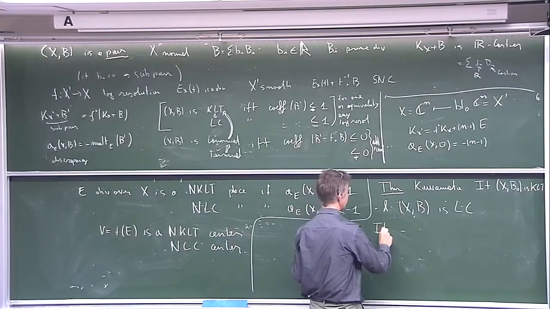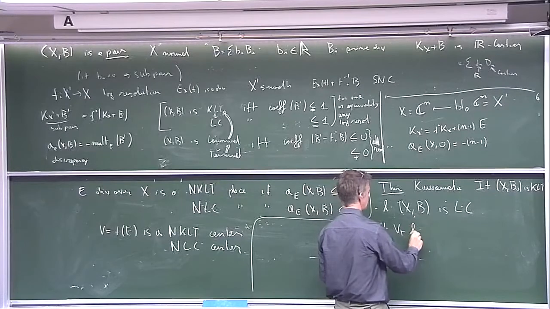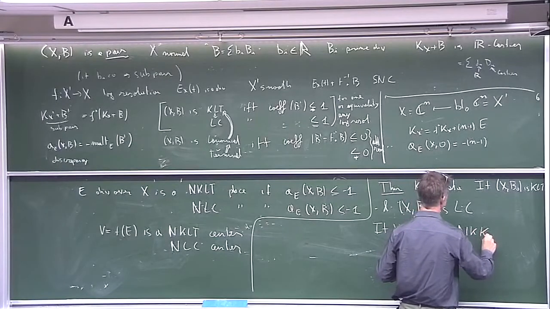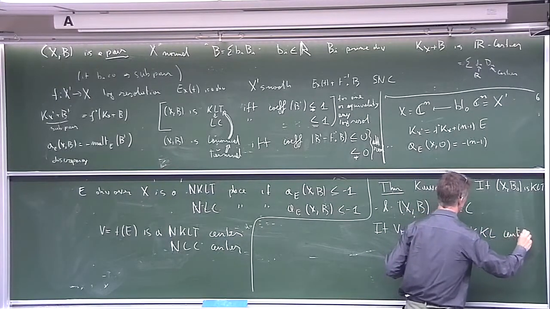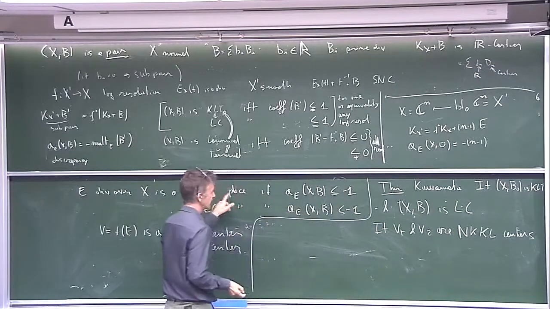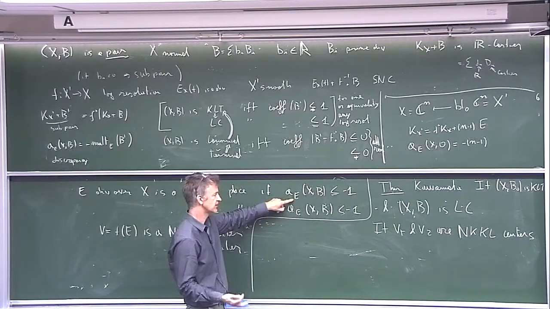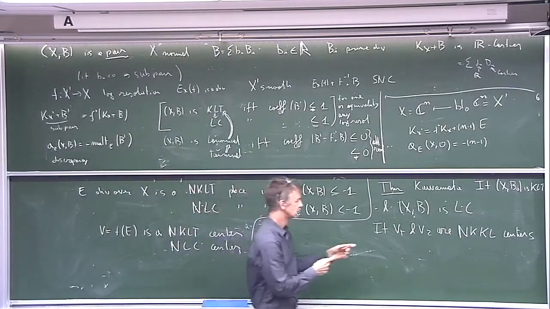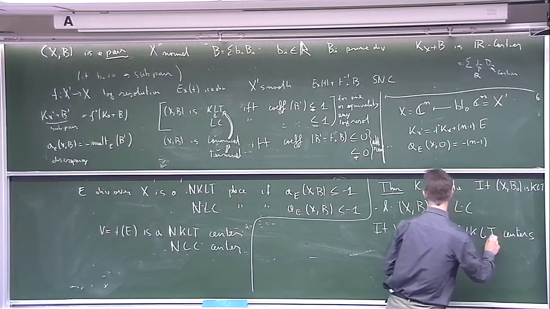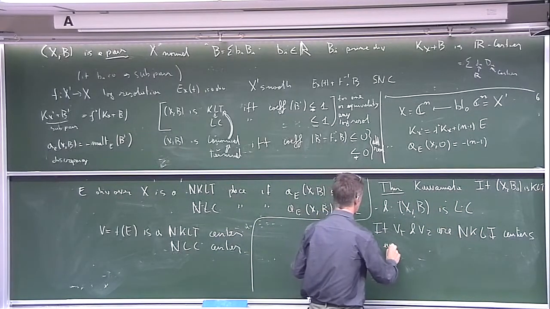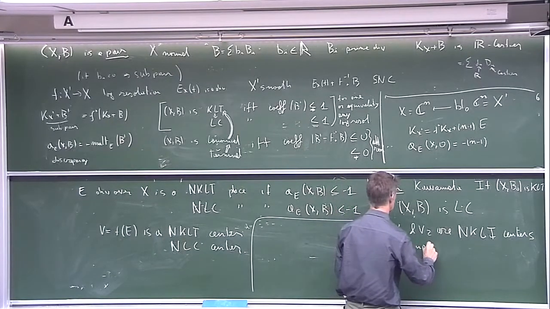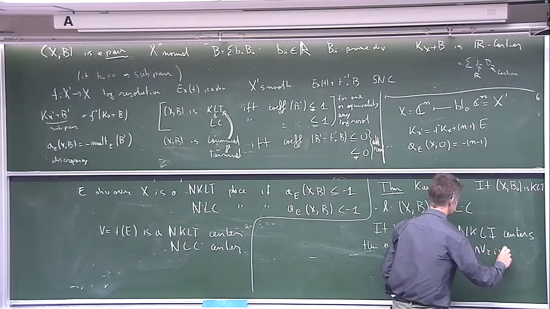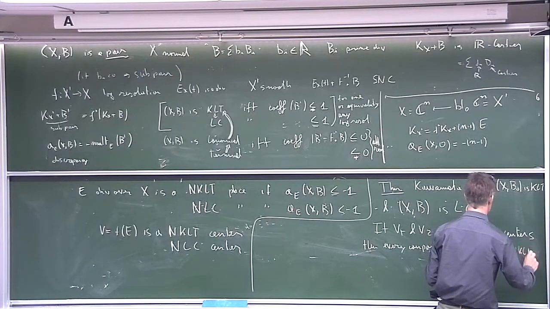Then if V1 and V2 are non-KLT centers, right, remember that it means the image of something of discrepancy -1, so of coefficient actually equal to 1. Then every component of V1 intersect V2 is a non-KLT center.